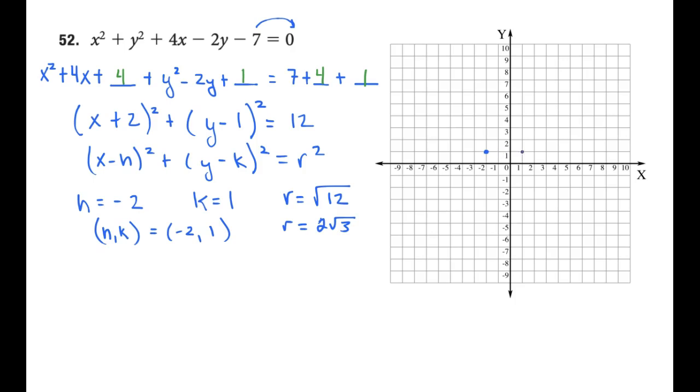So we've got 1, 2, 3, and it's probably right in here. 1, 2, 3, and a little extra. I'm going to do that in every direction. And then draw a circle. Okay. So pause there if you want to look at anything that I did.